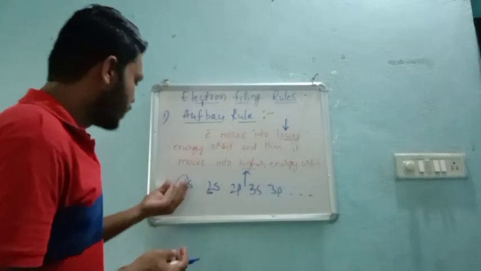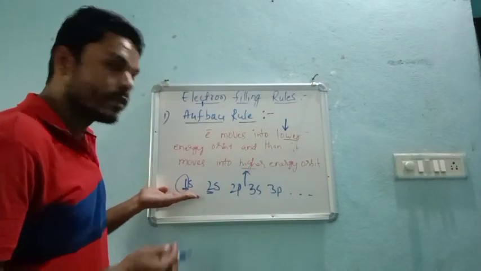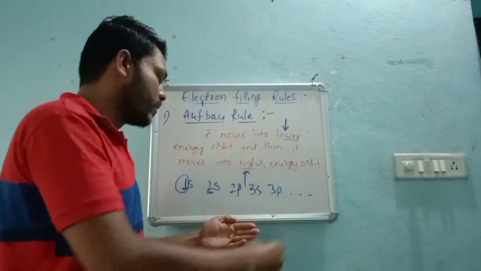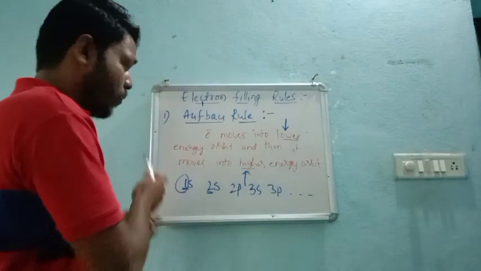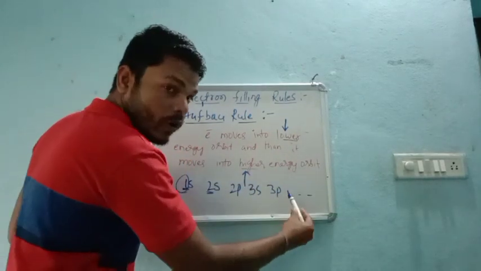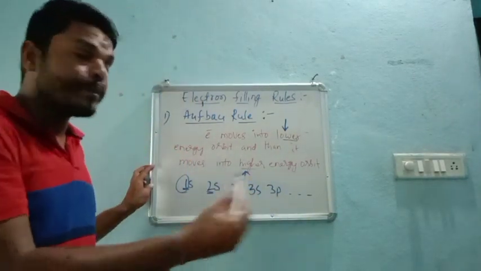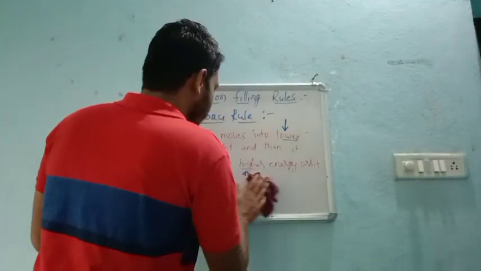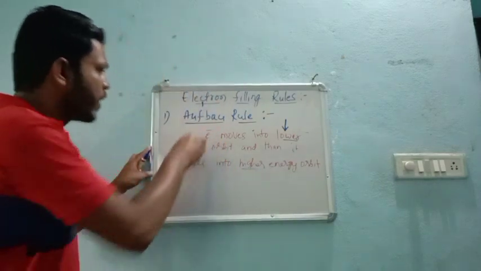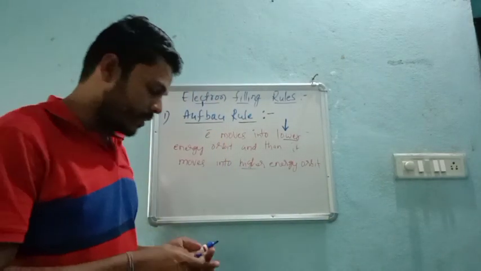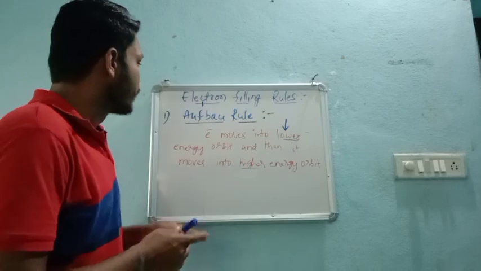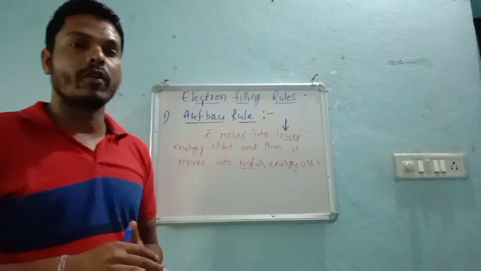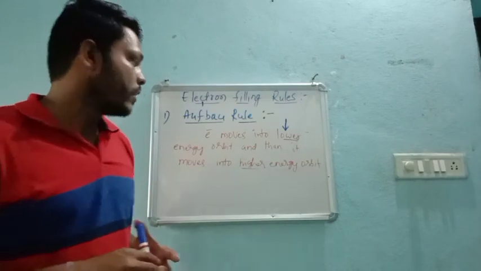These are considered lower energy orbitals, and as we move from left to right, the energy goes on increasing. These are very basic things you might have seen in your lower classes. So according to this rule, the electron moves into the lower energy orbital first, and then into the higher energy orbital.